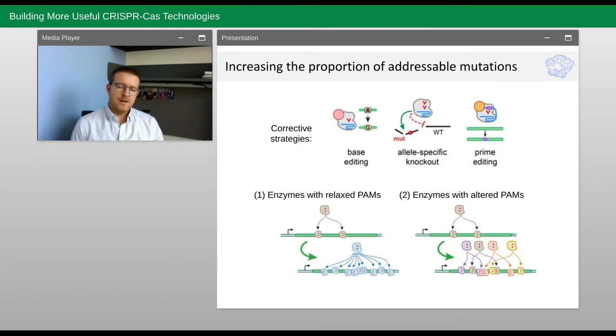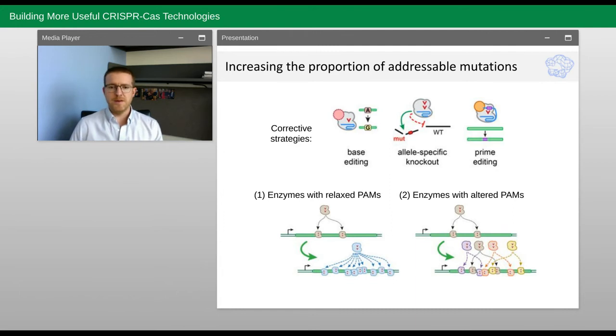Okay, so I think all of that under the lens of increasing the addressable portion of the genome in terms of thinking about therapeutic genome editing. We're very keen on lots of different therapeutic strategies like base editing that allow us to make the exact corrective edit, allele-specific knockout for certain dominant negative diseases where we can differentiate wild type and mutant alleles, and then prime editing in cases where neither of these technologies are effective at making the change that we like.